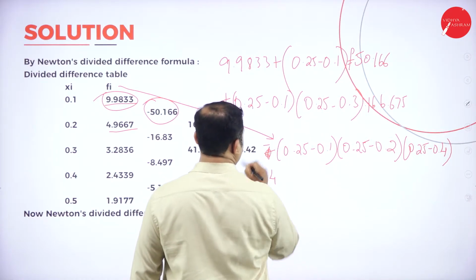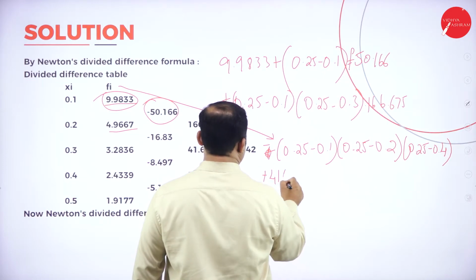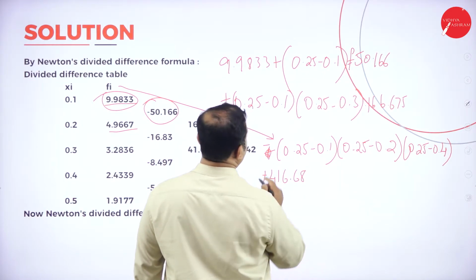If this is minus 41, the entire thing becomes 41 minus thing. So this is 416.68. We have three terms here.